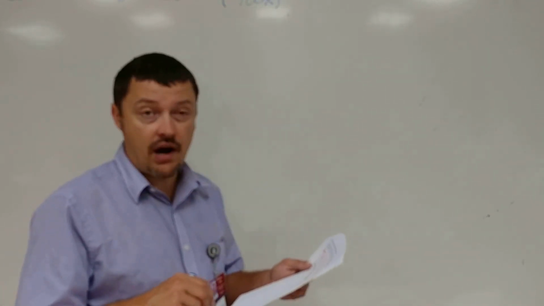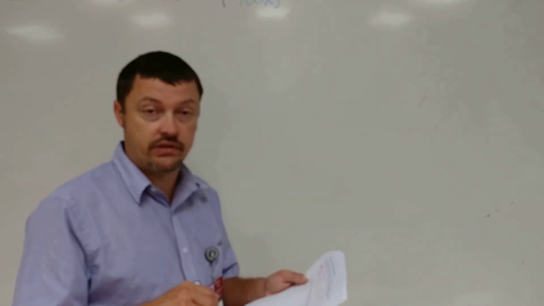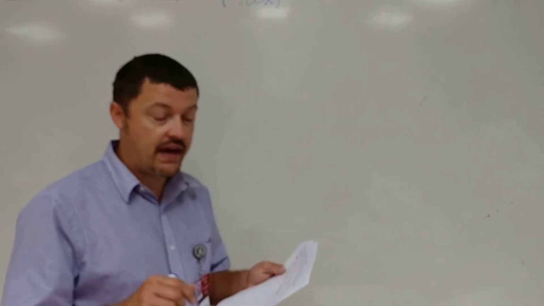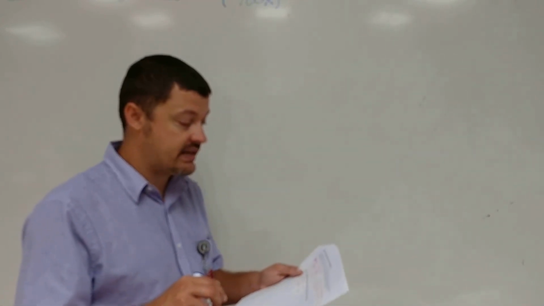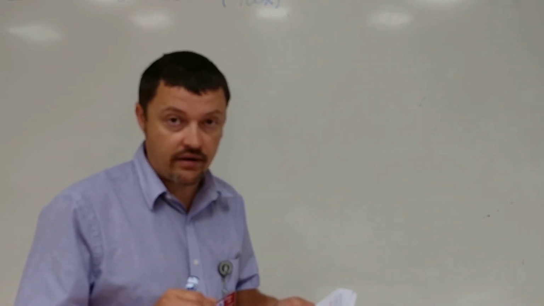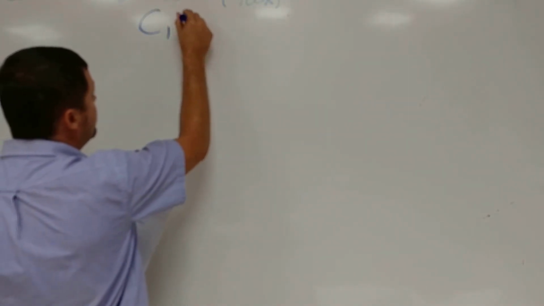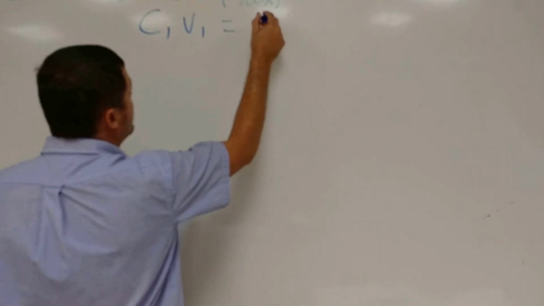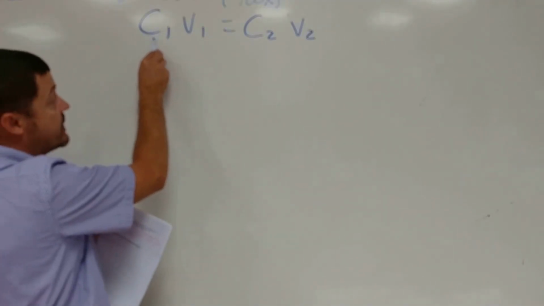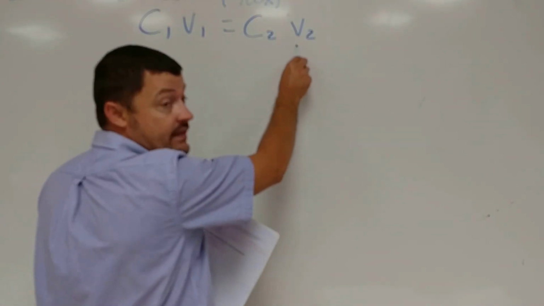In your stock room, you notice that you have a 20% weight over volume solution of potassium hydroxide. How many milliliters of that 20% solution are needed to make a 5% weight over volume solution? This is done using the formula C1V1 = C2V2. This is the stock concentration, the stock volume, the new concentration, and then the new volume.